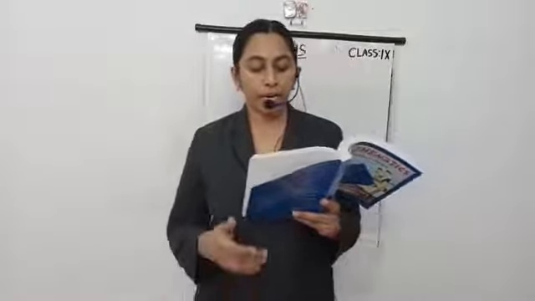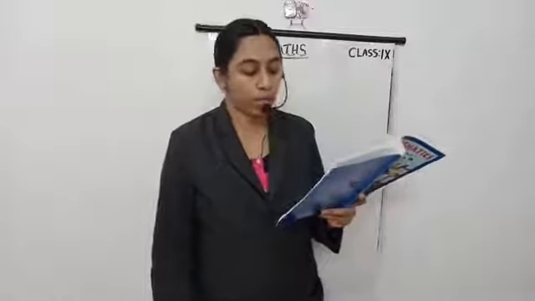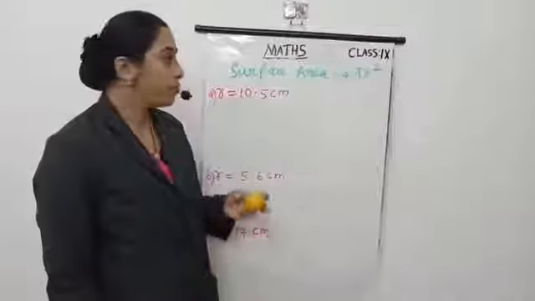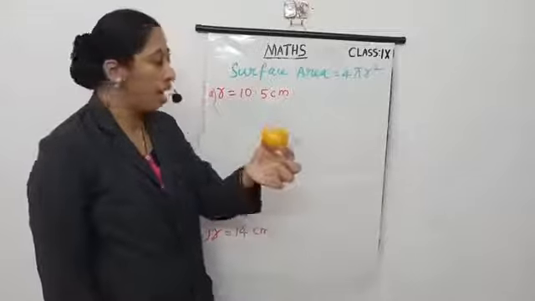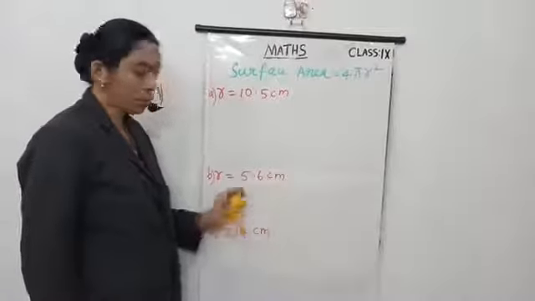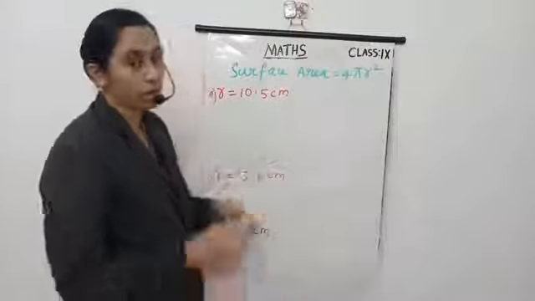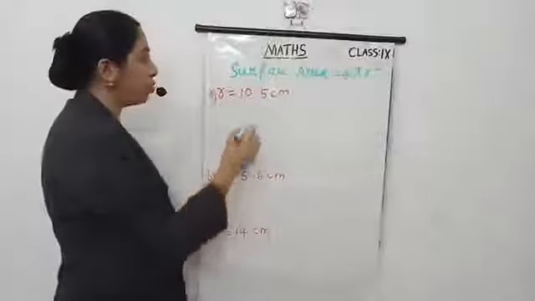First question. Find the surface area of a sphere of radius 10.5 centimeter, 5.6 centimeter and 14 centimeter. So our first question is to find the surface area of a sphere, and three radii are given. The surface area of a sphere is 4 pi r square. So substitute the values and take pi equal to 22 by 7.